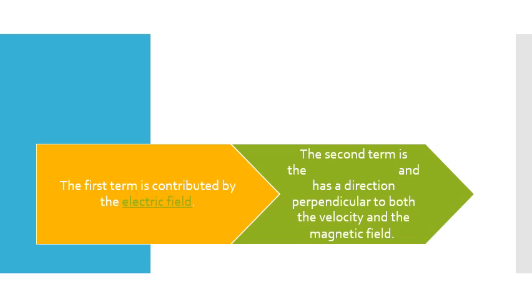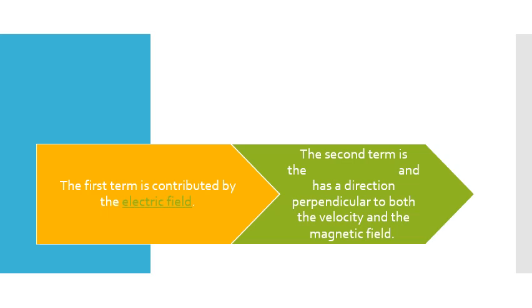Actually, the first term is contributed by the electric field, qE. This is the electric contribution. The second term is due to the magnetic field. This has the direction perpendicular to both velocity and magnetic field.